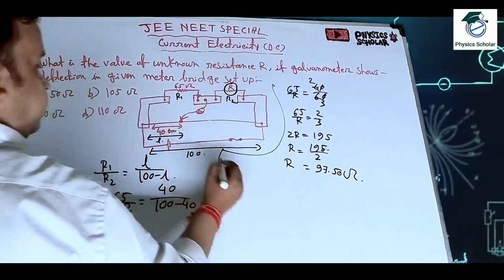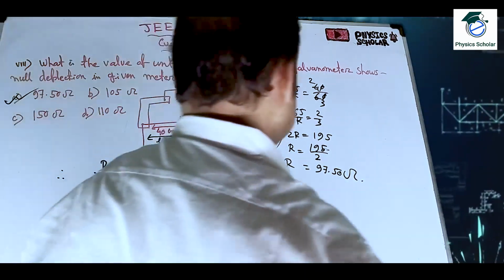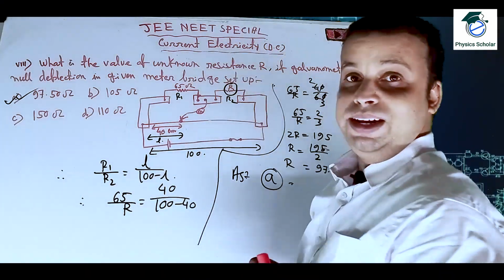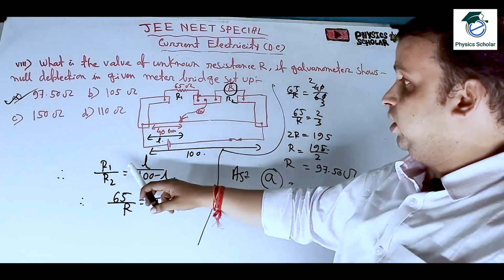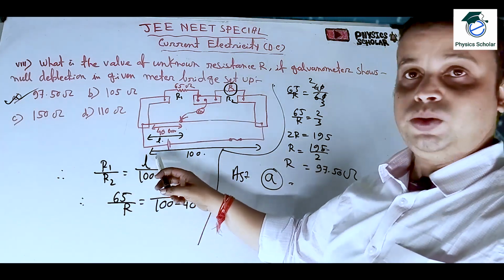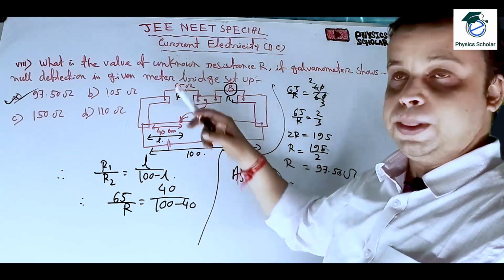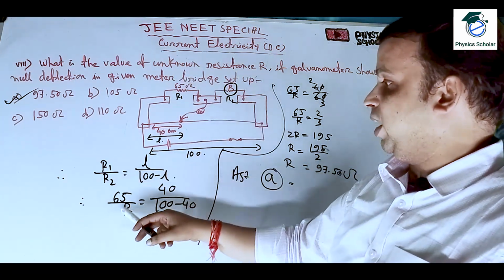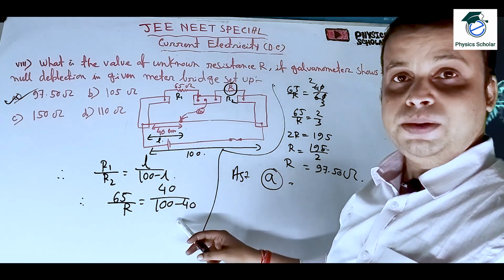So answer will be option number A. That will be the answer. Clear? So see, I am explaining it once again. Okay, so here what is the formula? R1 by R2 is equal to L by 100 minus L. Okay, so here R1 is equal to 65. Clear? And R2 is equal to R is equal to 40 divided by 100 minus 40.